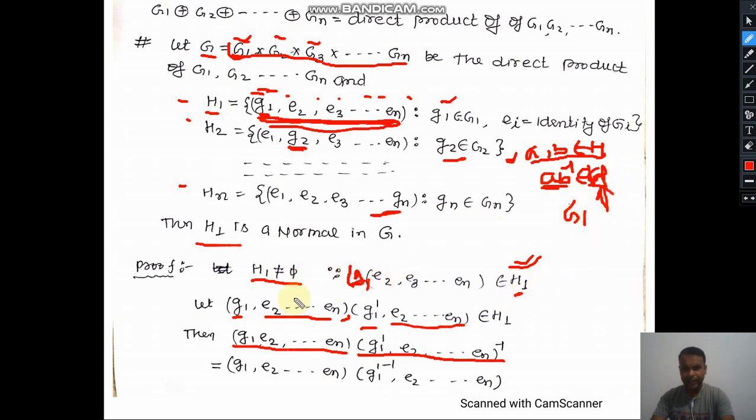Here we are taking two elements, the first element A and the second element B. Now we are trying to show that AB inverse also belongs to this H. I have written the first element as it is, while we are taking the inverse of the second element. As we have earlier discussed, the inverse will be distributed over element to element, so this inverse will be distributed on the first element and so on, and we know that every identity element is its own inverse.